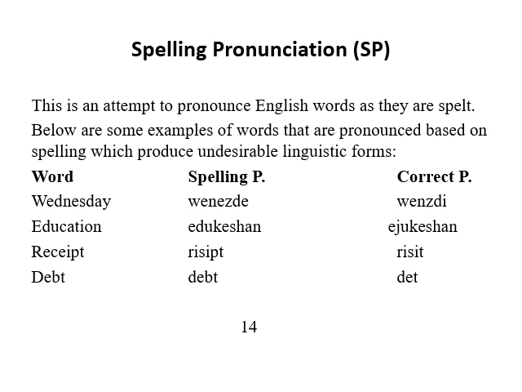So here are some examples. For instance, look at the word. Sometimes we say Wednesday as it is spelled, and that is a spelling pronunciation, while the correct pronunciation is supposed to be Wednesday.